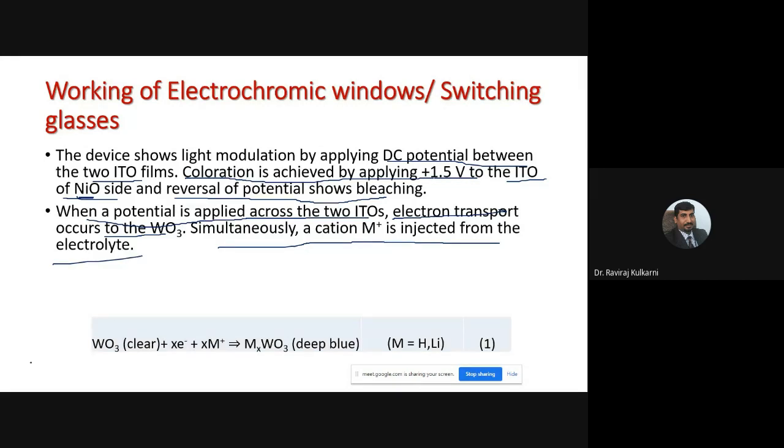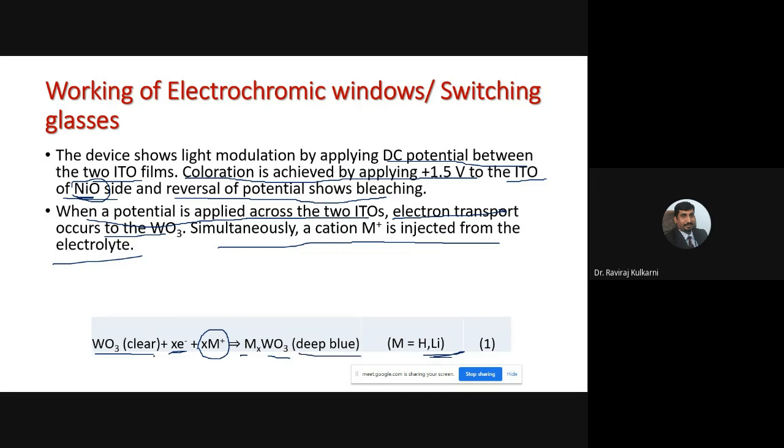Here lithium is usually used. The electrolyte may also have H+ ions, lithium tantalate or tungstic acid. The tungsten oxide, which is clear, takes electrons and reacts with the metal ions coming from the electrolyte, forming M x WO3, or with hydrogen H2WO3 or something, whatever it is, which is deep blue in color.